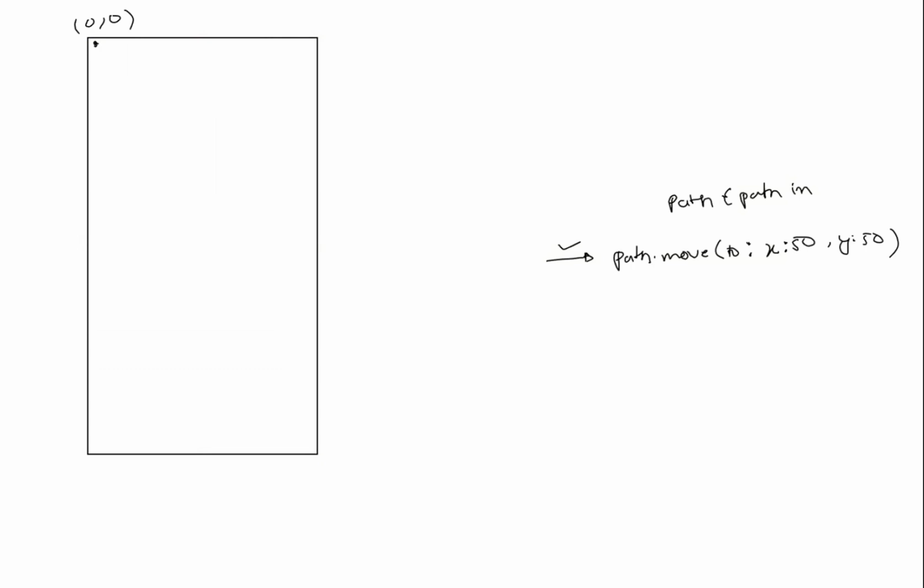So if I move 50 here and 50 in this direction, I end up somewhere here. My anchor point is formed.